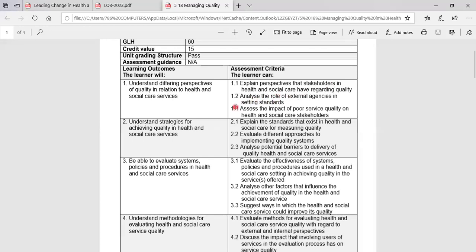In your PowerPoint presentation, you're analyzing the role of external agencies in setting standards. We've talked about different external agencies and assessing how poor quality service would have an impact on health and social care stakeholders. So if there's poor quality, how would that impact the stakeholders' perspectives? So we're talking about perspectives of quality with regards to the stakeholders.